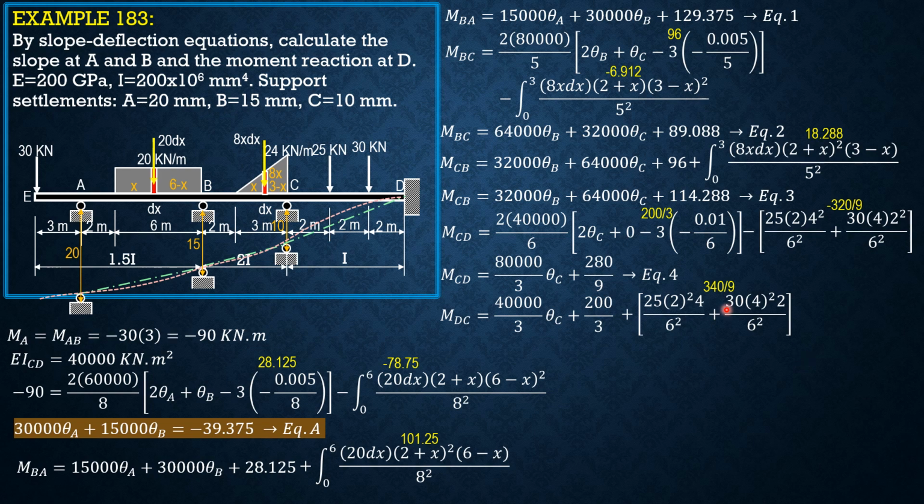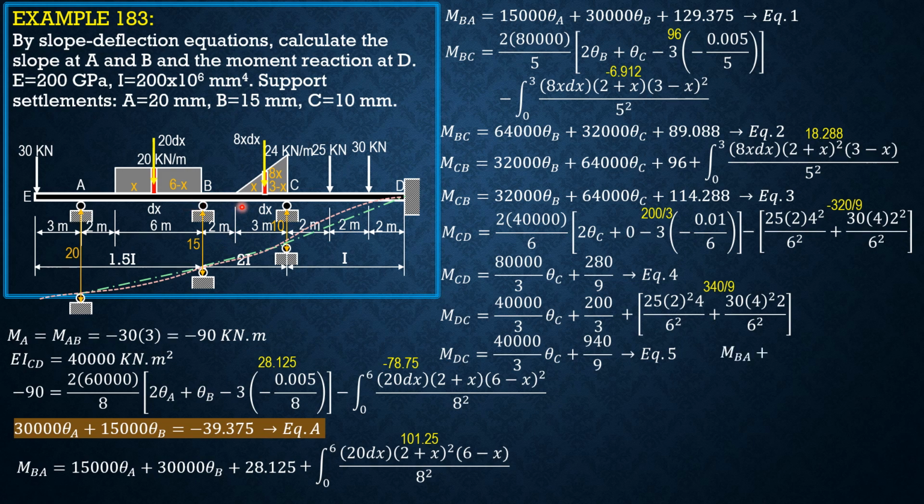So the value of this is 340 over 9. Combining, MDC is 40,000 over 3 theta C plus 940 over 9. Call that equation 5. Then we apply equilibrium at B.